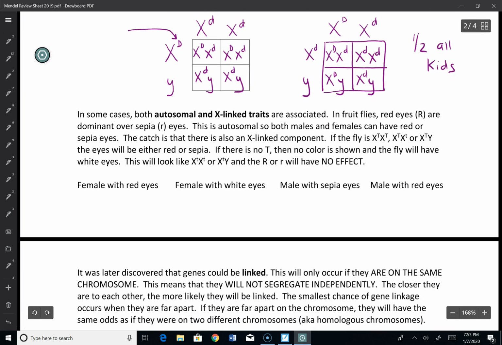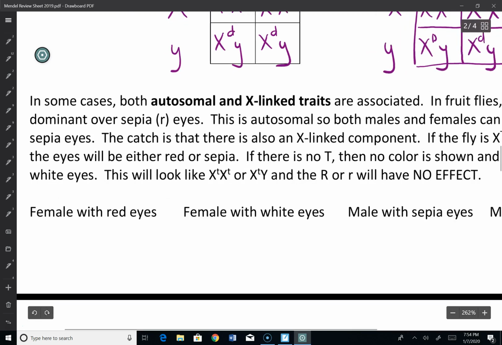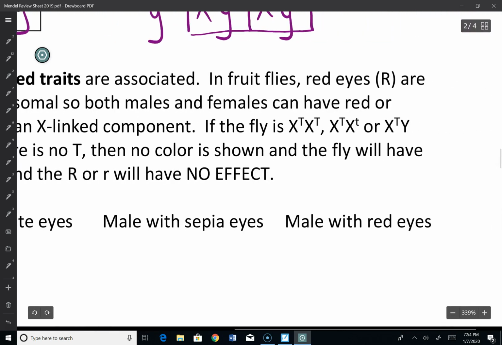Now this one here gave kids in class a lot of trouble, but let's read it very, very carefully. I spent a lot of time telling you that the eye color in flies was determined by the X chromosome. X-linked recessive, we talked about that. Well, after further investigation, they found that fruit flies could have red eyes.